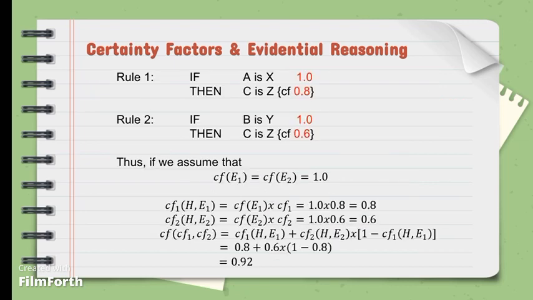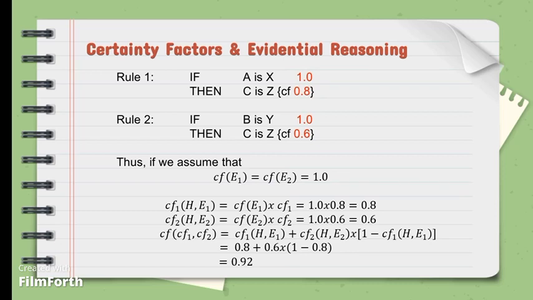We assume that the certainty factor of evidence sub 1 is equal to the certainty factor of evidence sub 2, which is 1.0. To combine the certainty factors, we must first find the certainty factor of rule 1 and 2.